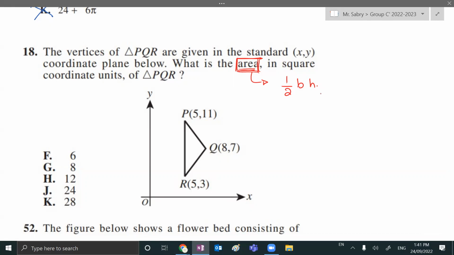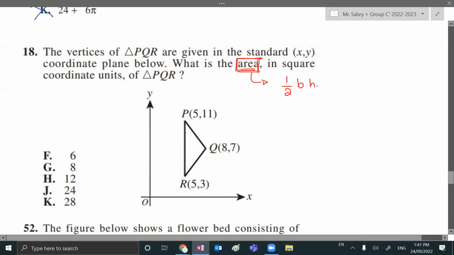Nadine, are you here? Carla, yes, please go ahead. What do you think? What's the base? It's 5. Why? Never mind the numbers now. Just look at the letters and look at the triangle.